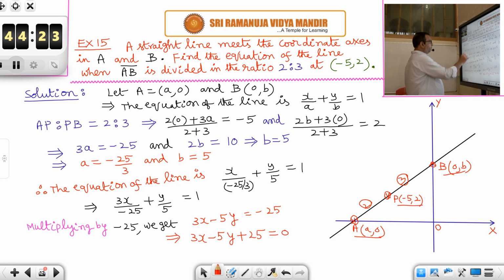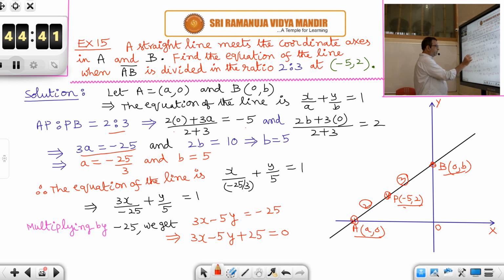So AP is to PB 2:3. Applying the section formula, 2 into 0 plus 3 into A by 2 plus 3 is equal to the x coordinate of P, minus 5. So from this you will get the value of A.